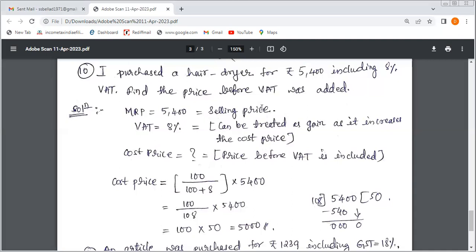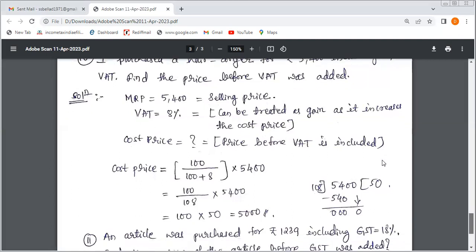The selling price is 5,400 and VAT here is 8%, which can be treated as a gain, as it increases the cost price. We have to calculate the cost price. Cost price means the price before VAT is included.